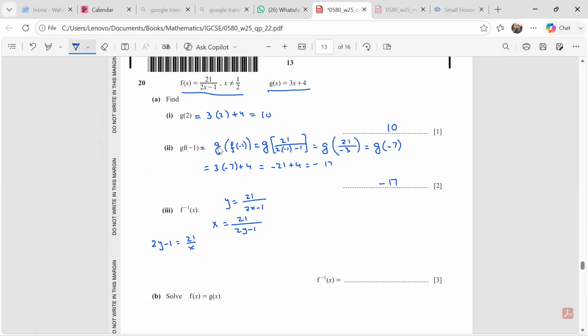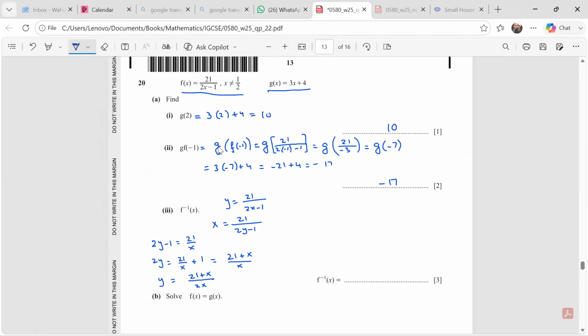And 2y is equal to 21 over x plus 1, this can be written as 21 plus x over x. And y equals 21 plus x over 2x.